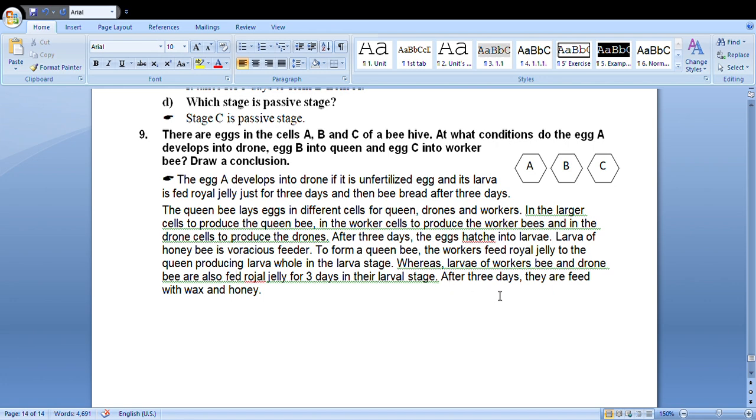After 3 days they are fed the bee bread, the mixture of honey and pollen. So it's the bee bread, B-E-E B-R-E-A-D, bee bread.